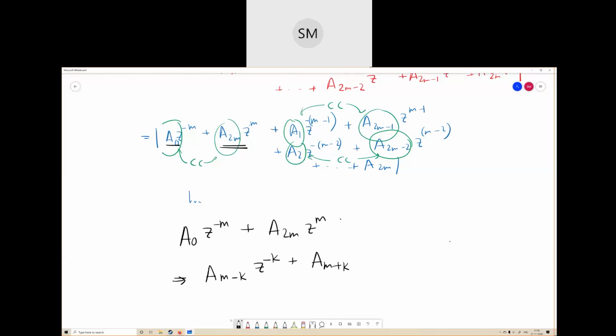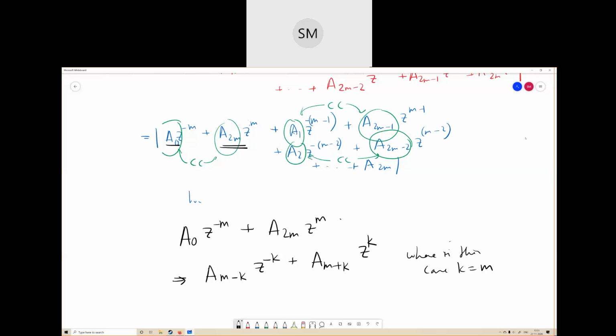This can be written as a to the power of m minus k z to the power of minus k plus a to the power of m plus k z to the power of k. We can write this, where in this case k equal to m. Is it okay?